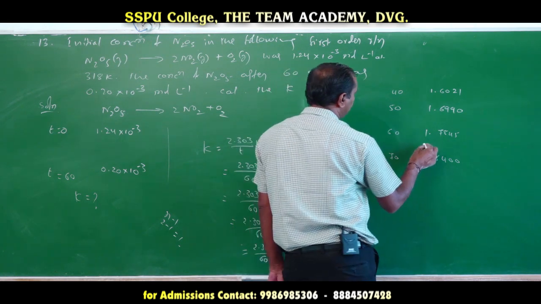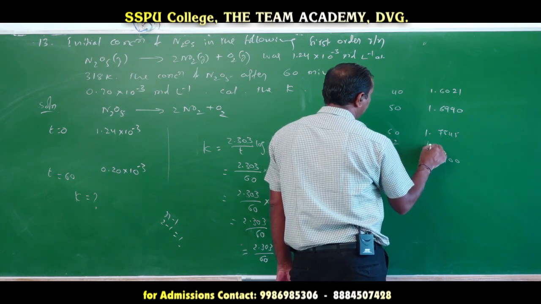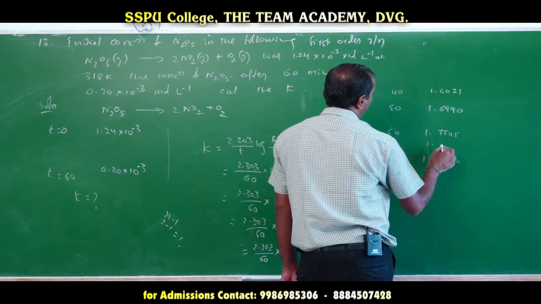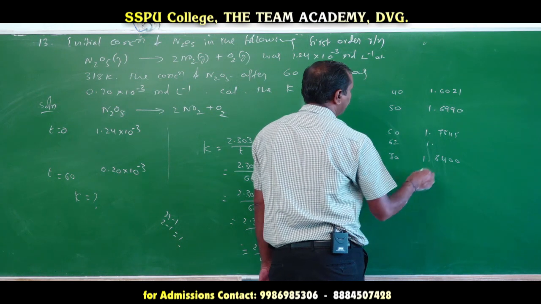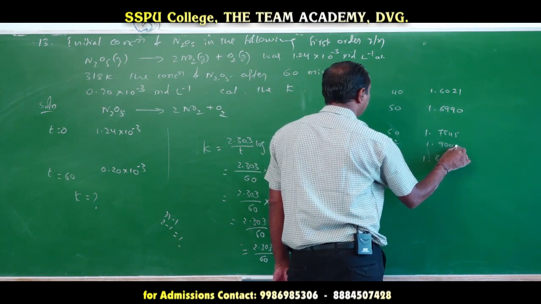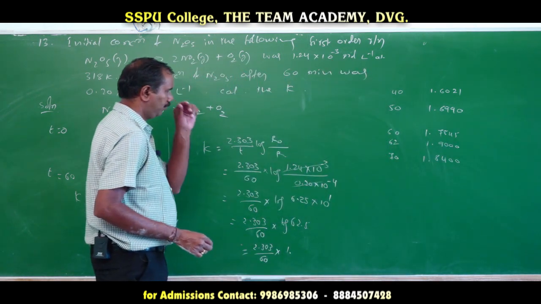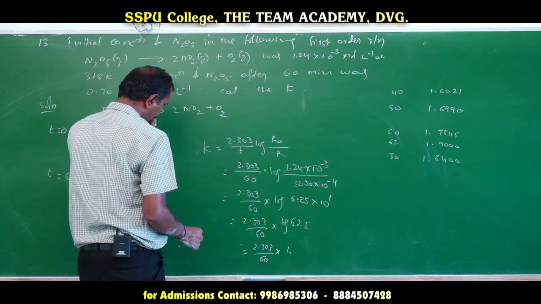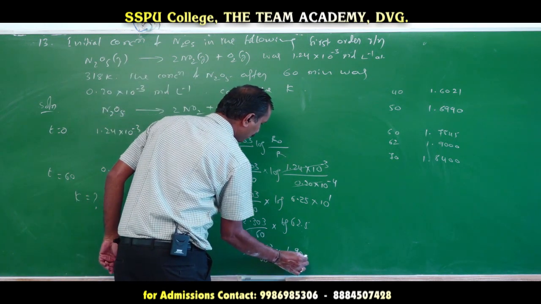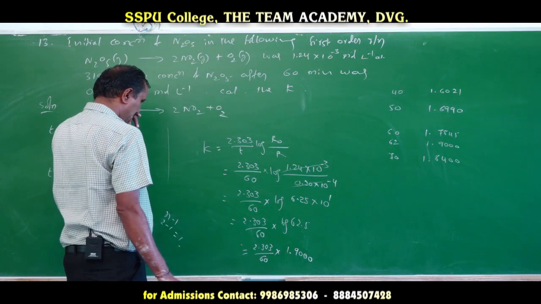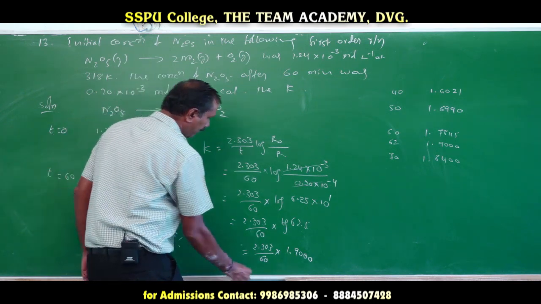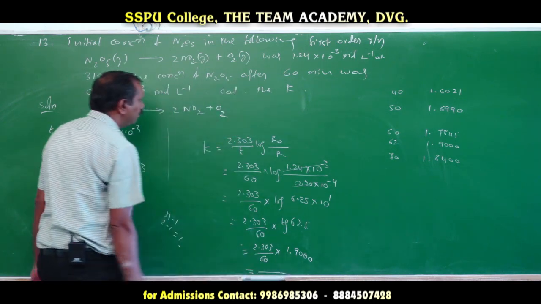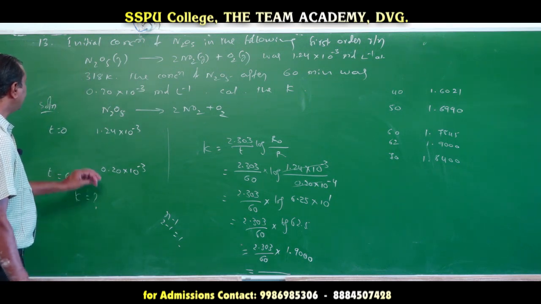Nearly it becomes 62 value, 1.79 nearly. So finally we can get the value, that value becomes K.